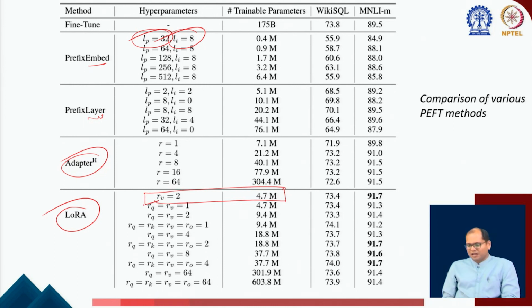And why will adapters be slightly higher? Because you do 2 adapters per layer. So it's slightly more trainable parameters, but in terms of performance, LoRA is nearly at the top.